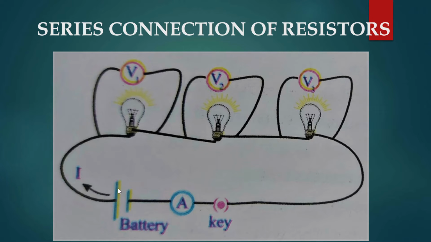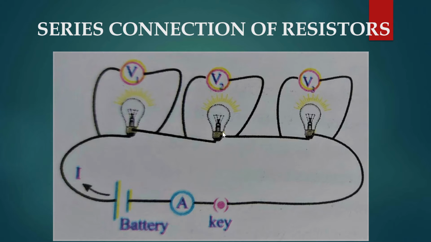You all know that a cell is represented by two parallel lines, a longer line and a shorter line. The longer line is the positive terminal and the shorter line is the negative terminal. We see that the potential difference across the first resistor is V1, across the second resistor is V2 and across the third resistor is V3.